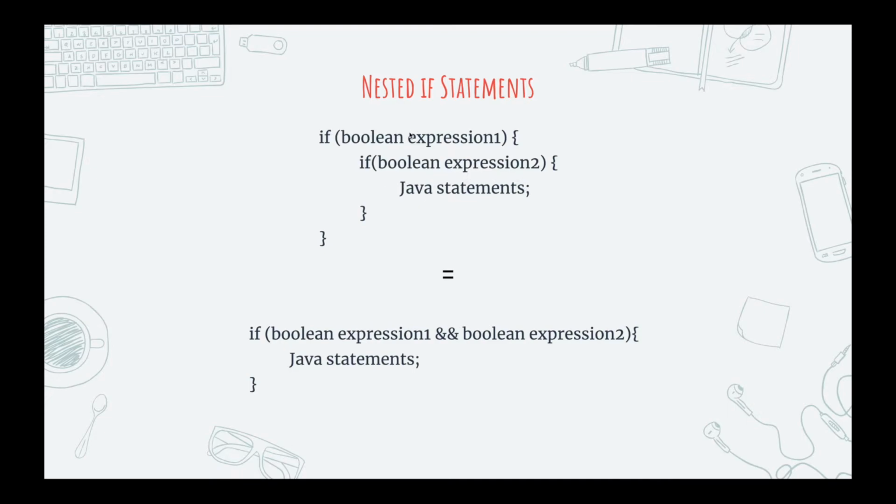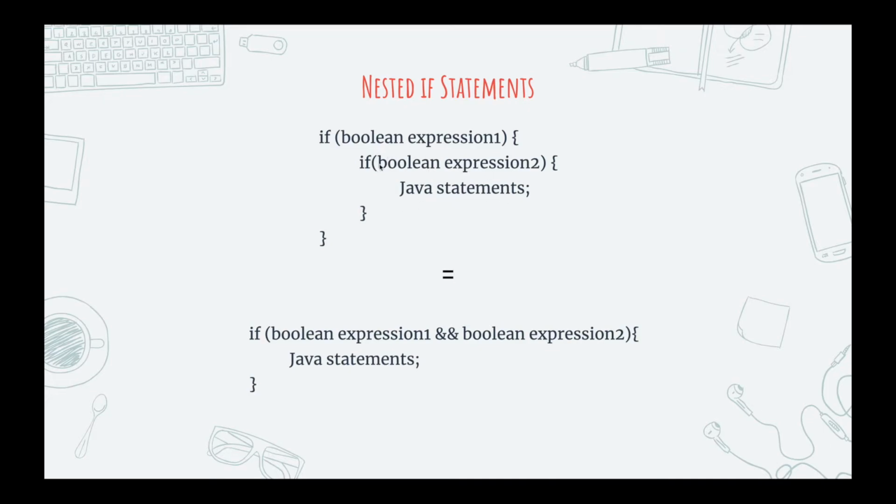Now, if the first statement gets evaluated to false, then it doesn't even look at this if statement, because it doesn't execute anything that's in between these brackets, because this Boolean expression was evaluated to false. If this was true, then the compiler goes on to the if statement here. If this evaluates to true, then it executes these Java statements.